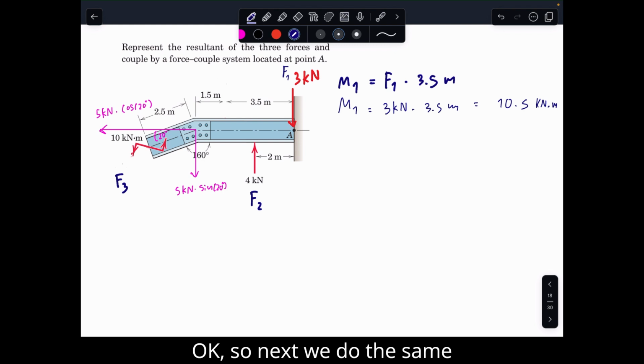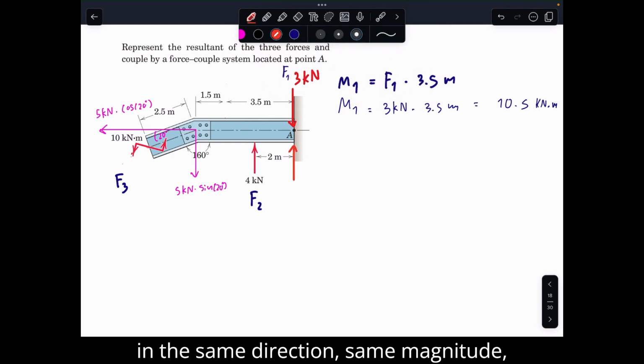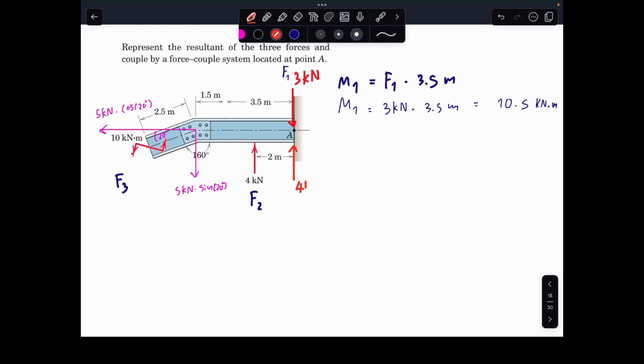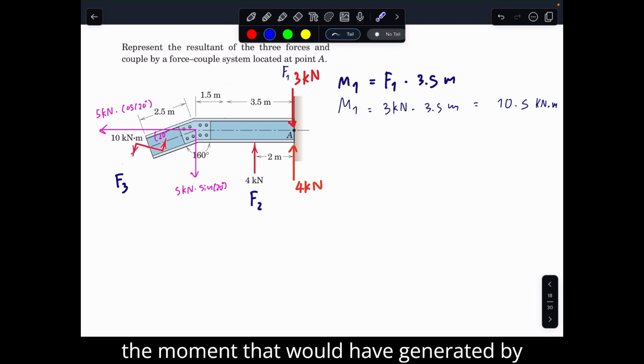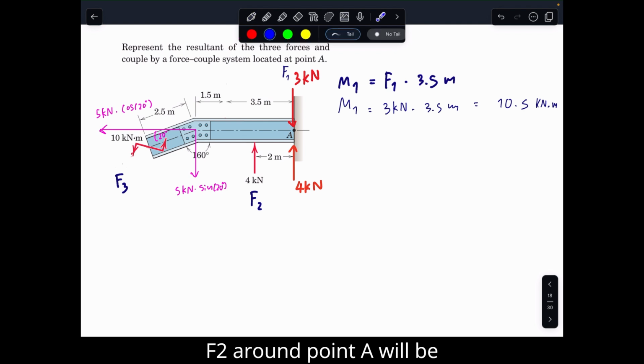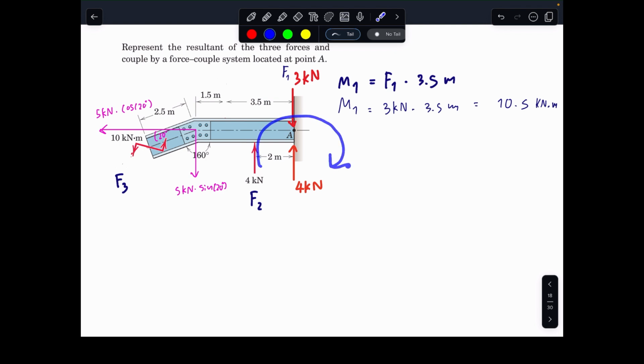Next we do the same thing with F2. You move F2 from there to here in the same direction, same magnitude. Then the moment that would have been generated by F2 around point A will be in the clockwise direction.